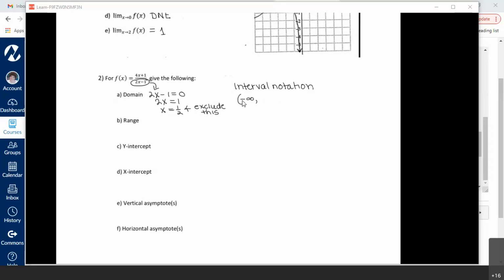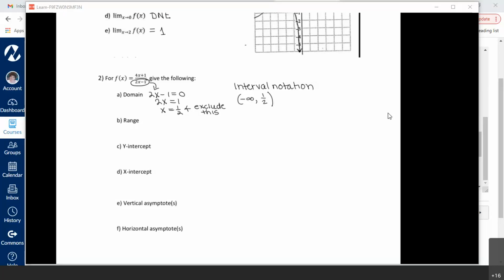Now I'm allowed to feed this function any real number, any negative real number, all the way up to and including 0, up to positive 1/2. I have a curved bracket, a parentheses here, because I am not allowed to include 1/2. If 1/2 were included, this would be a square bracket.